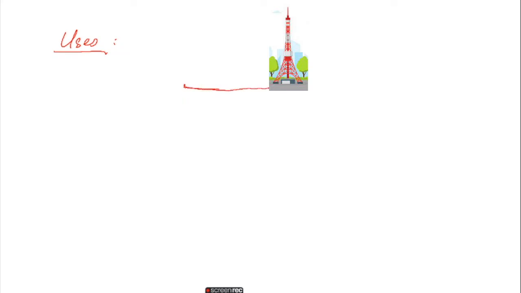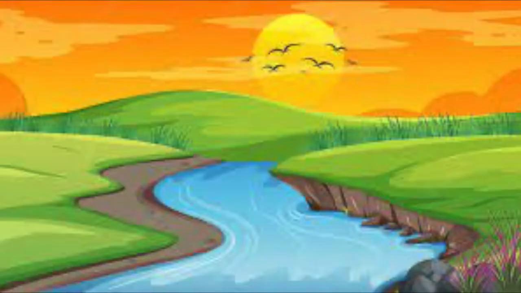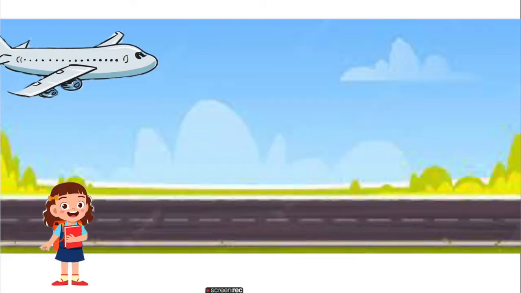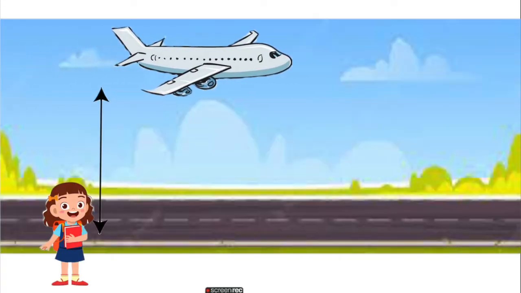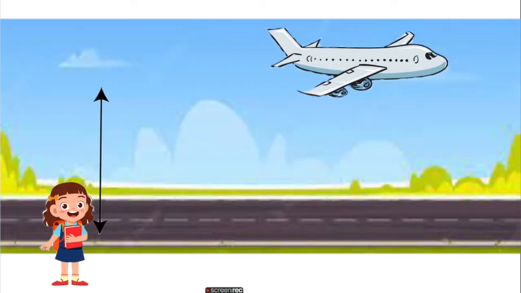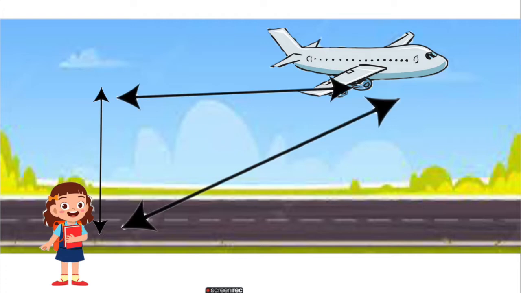By just knowing this distance, we will be able to find out the height of the tower. Then you can find the width of a river without actually measuring it. Even you can find out the speed of an aeroplane standing on the ground. So all these are some of the uses of trigonometry which you will study later on.